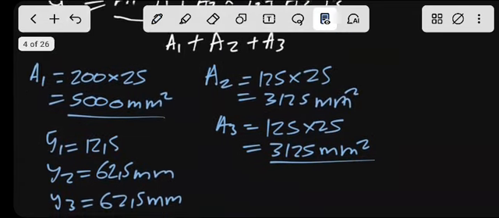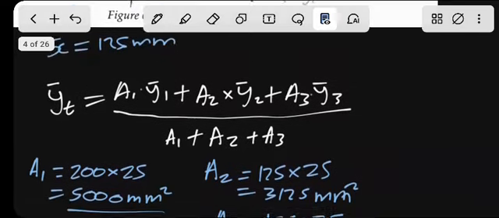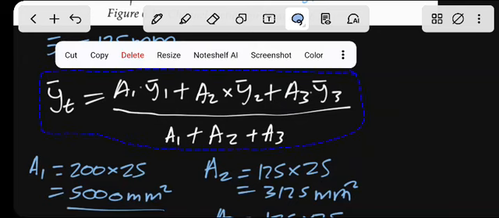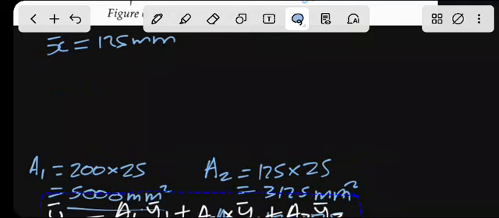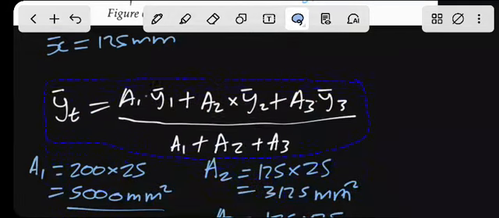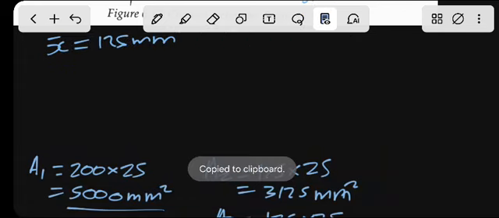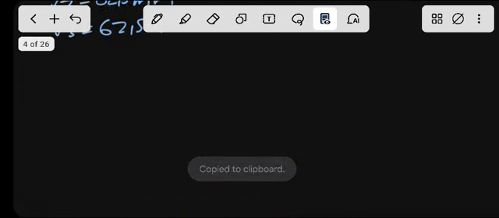Now we can sum up all of our things. We can use our formula now and substitute to get the y bar.